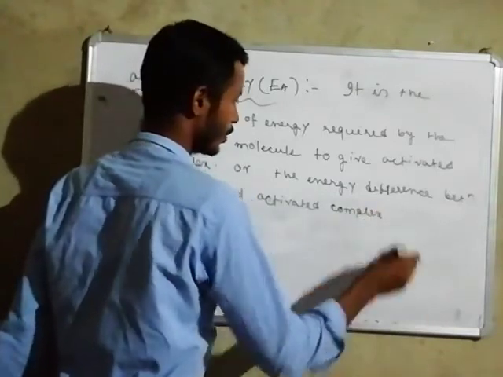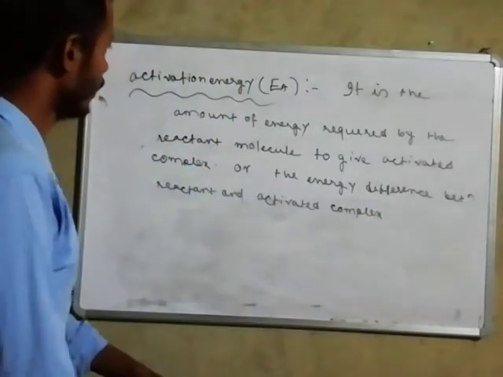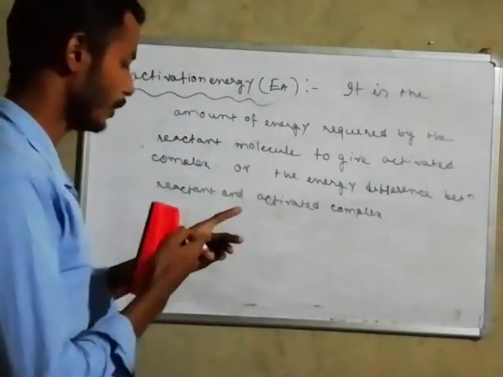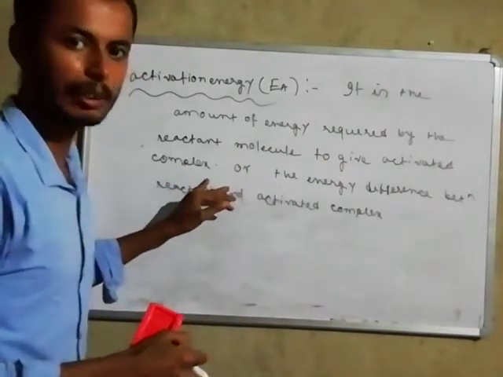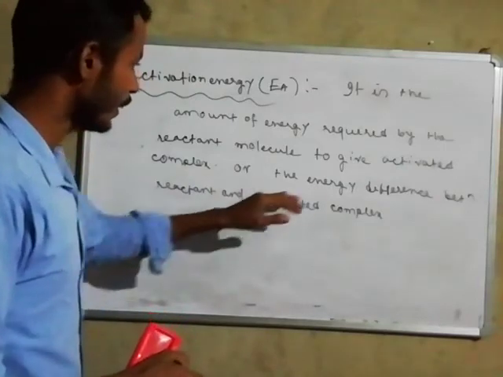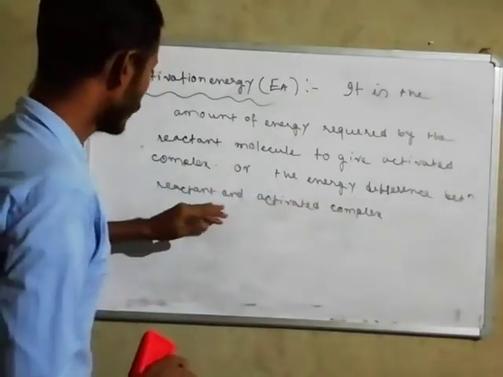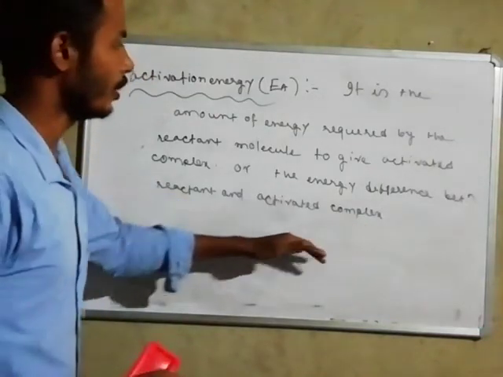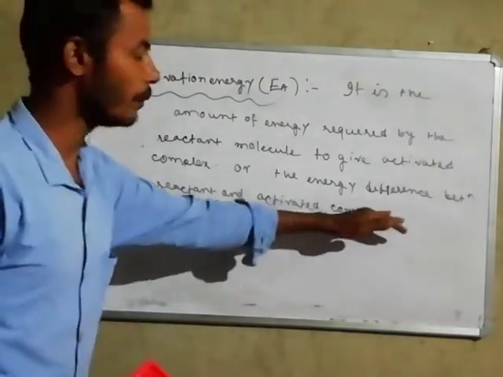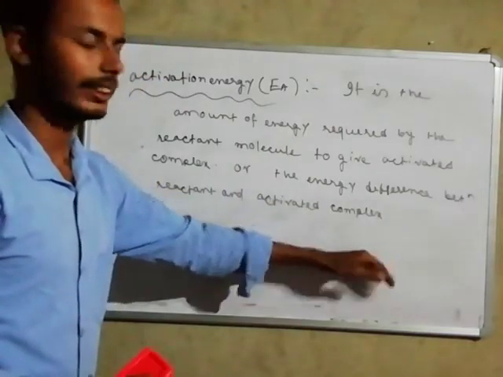So what is activation energy? It is the amount of energy required by the reactant molecules to give the activated complex, that is intermediate, or you can say the energy difference between the reactant and activated complex. Okay, and what is its unit? Joule per mole.